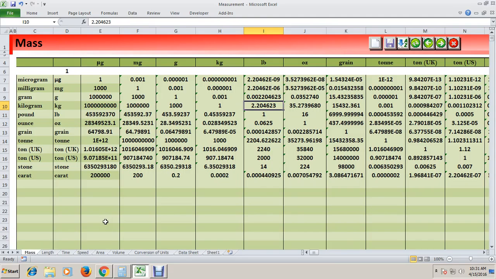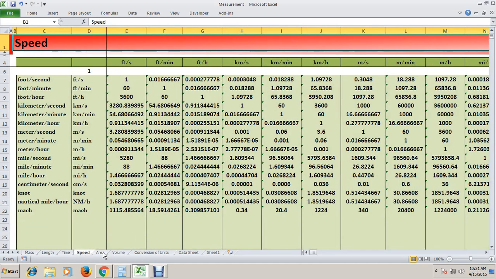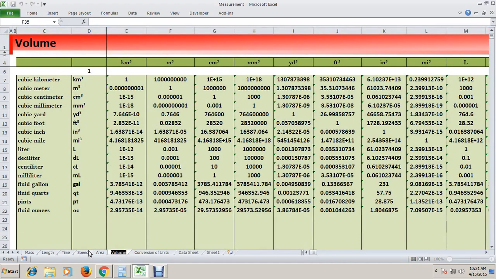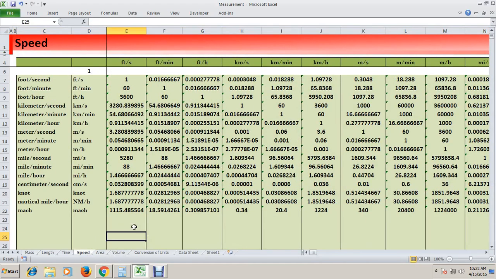But there are actually quantities in physics that we obtain through derivations, and we call them derived quantities. Examples of derived quantities, as presented here in the module, are speed, area, and volume. Speed is defined as the ratio between the amount of distance covered by an object divided by the time it takes to cover such distance.